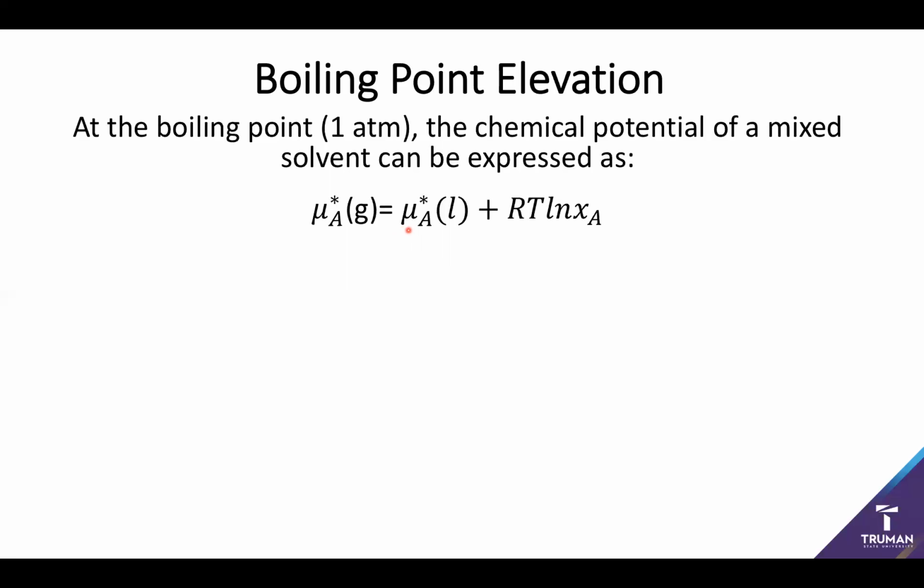One of the important things is that as soon as I add an impurity, I change the chemical potential of my liquid, essentially by taking the chemical potential of my pure liquid and adding this correction term based on the purity, or the mole fraction, of my solvent. Since what I'm really focusing on is the effect of the mole fraction of my solvent, I'm going to move everything else to the other side and focus on this natural log of the mole fraction of my solvent.